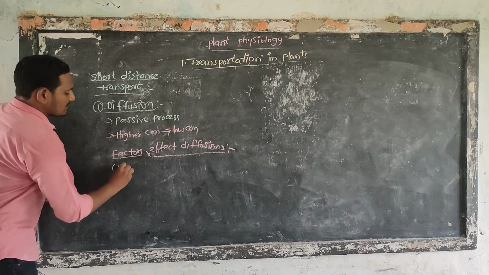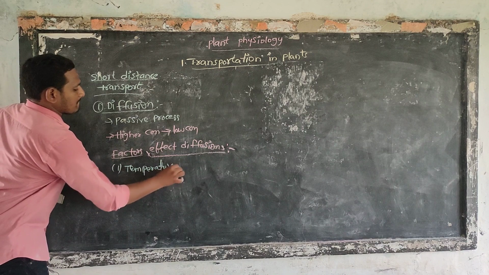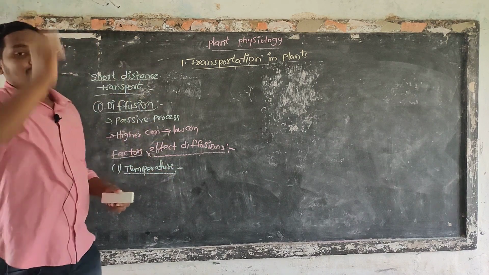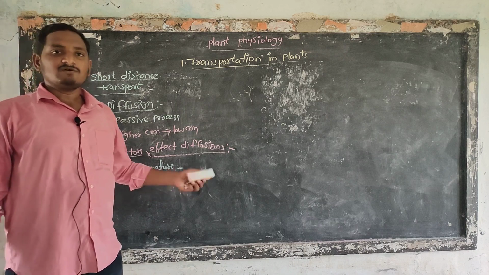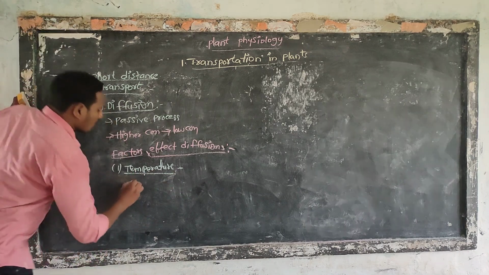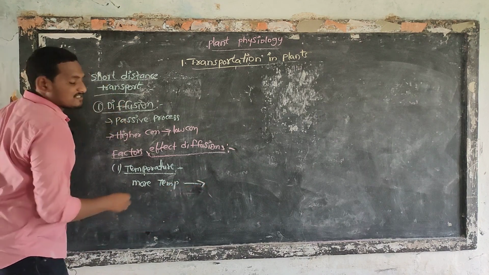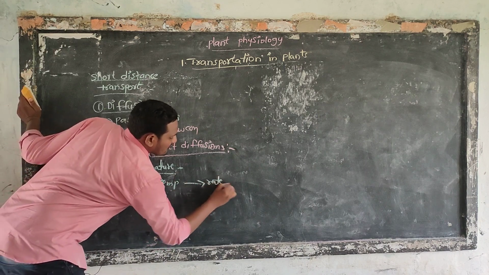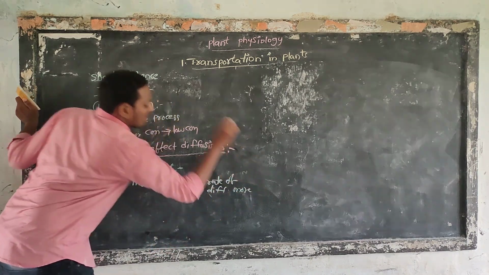First thing is temperature. With more temperature, the rate of diffusion is faster. Why?